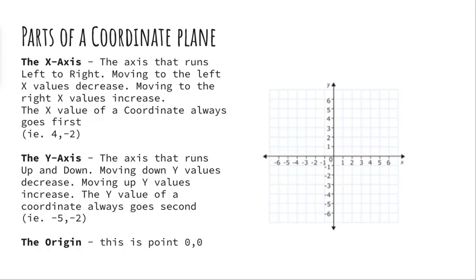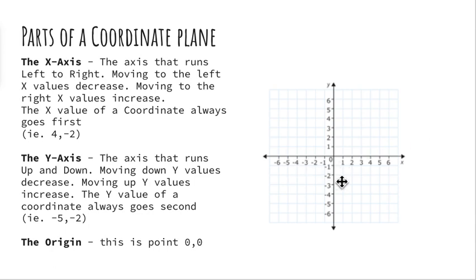Now, before we learn how to plot points on the coordinate plane, we need to learn some basics. If you look here on your screen, you'll see the image of a coordinate plane. That's this thing right here that sort of looks like a crosshair. If you've done some geometry in the past, you may have encountered this before.